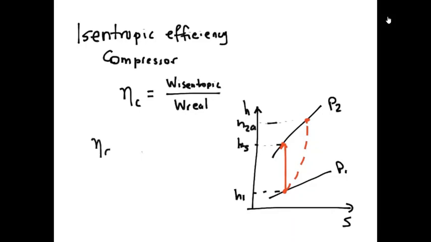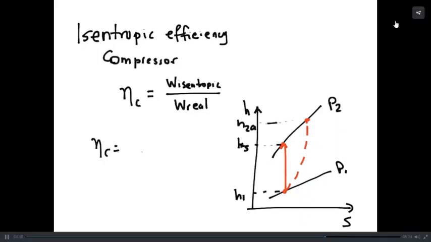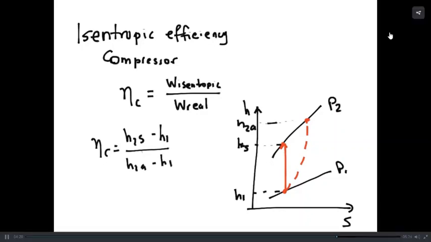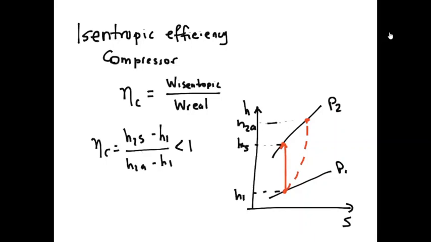So the isentropic efficiency is going to be equal to H2S minus H1 over H2A minus H1. And this always has to be less than 1 because this is an efficiency. This is the isentropic efficiency of a compressor.